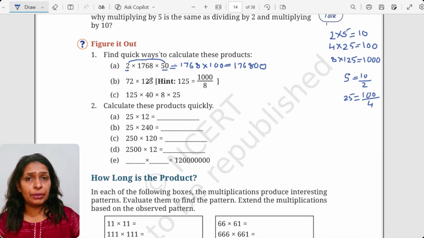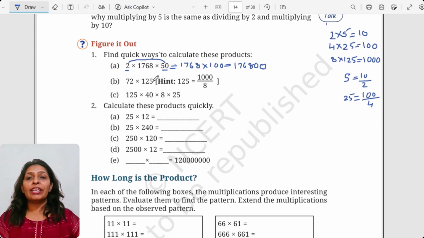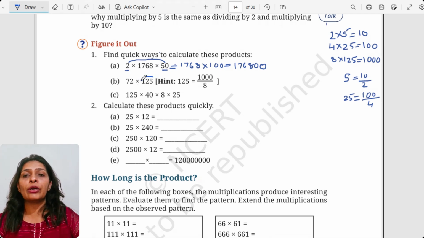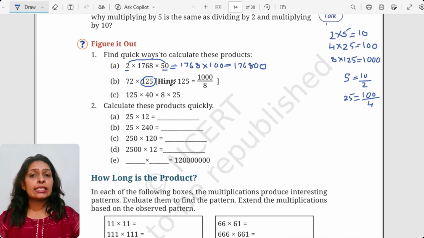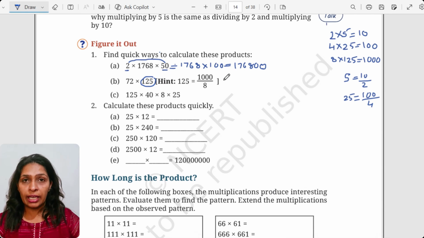Similarly, now part B, it is 72 multiplied by 125. The hint is already given here. 125 worked with 1000, so we have to see the combination of 125 and 1000. The hint is given: 125 can be rewritten as 1000 over 8.